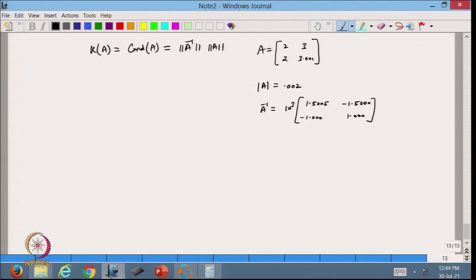So, this is the inverse we have already calculated, and its value is this one.